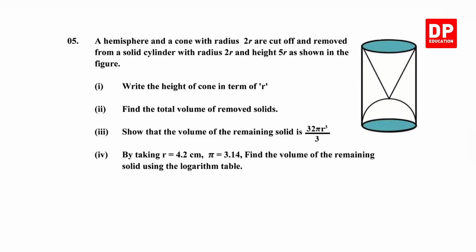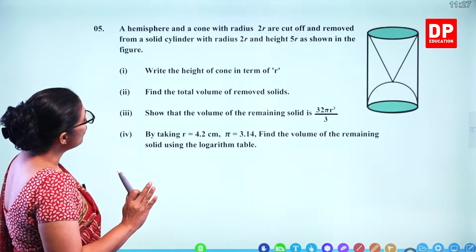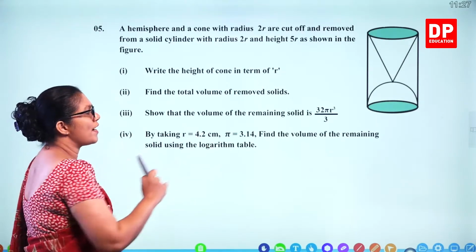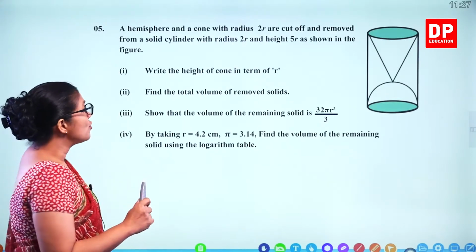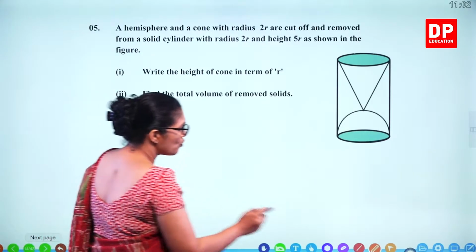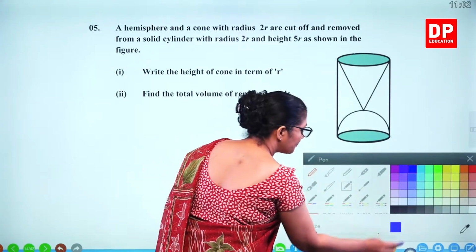Question number 5. It's about volume. So cone is there, hemisphere, cylinder. So we need to find out the volume and use logarithmic tables to find out the volume. So we'll do that separately. A hemisphere and a cone with radius 2r. So we have to mark the radius.